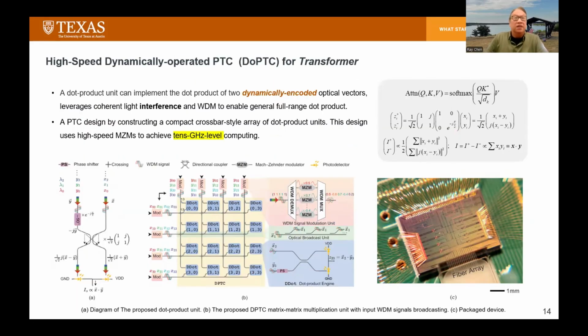Next slide. This is the chip we taped out. As you can tell, the dynamic full-range matrix multiplications. Further helping the speed of the computation, we designed and taped out a new chip at AIM to address the challenge.